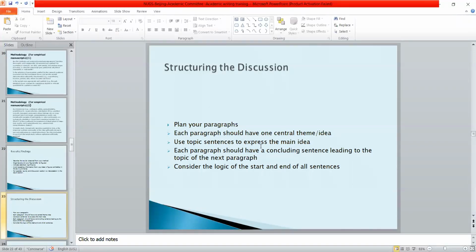Now, another important aspect has to do with structuring the discussion. You must plan your paragraphs. For instance, some of us just write because we want to write. Each paragraph should have one central theme. Remember, you did your analysis based on your research questions, and they were in themes and tables. Now you come to the discussion segment.